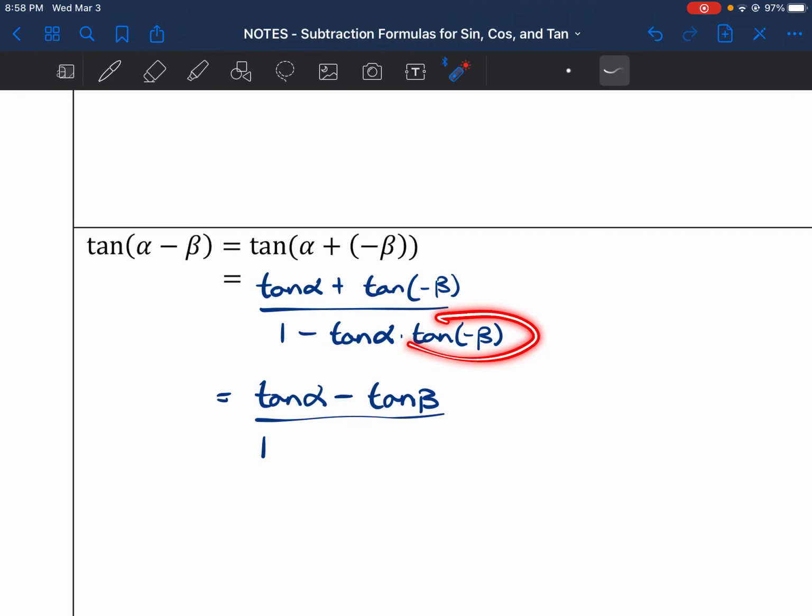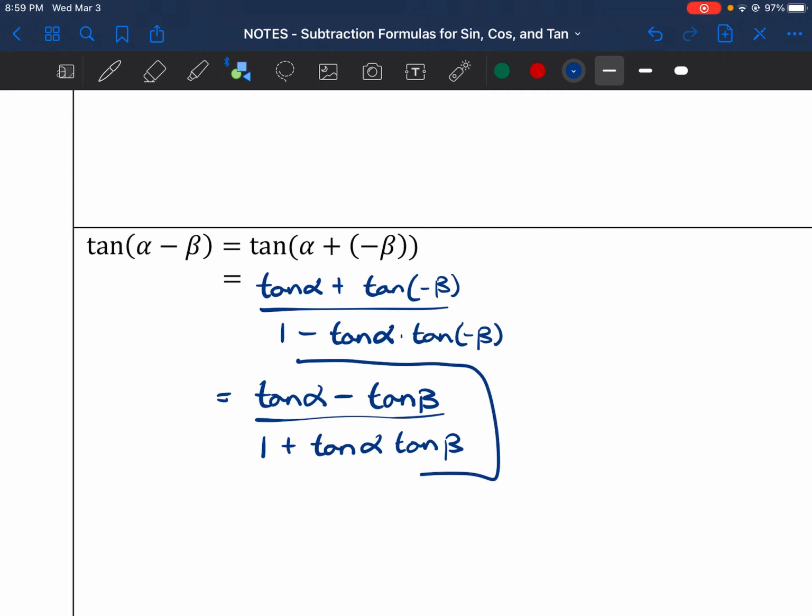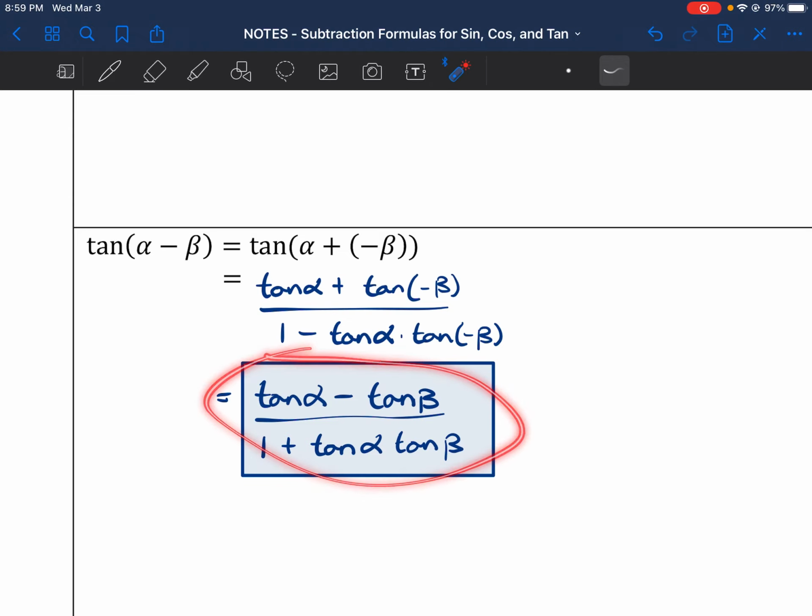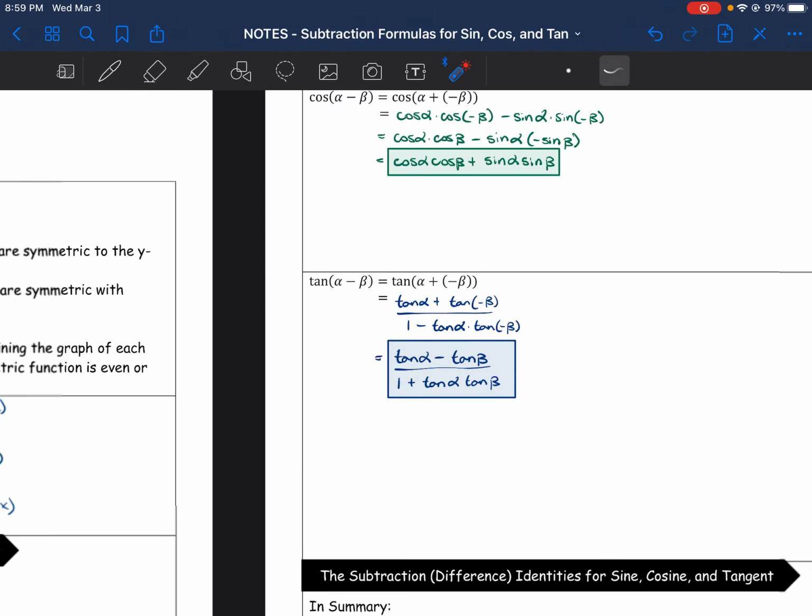Notice that tangent of negative beta is really negative tangent of beta. Well, negative tangent of beta times this negative is going to give us a plus sign. So this is really 1 plus tangent of alpha, tangent of beta. Okay, so tangent of alpha minus beta is equal to tangent of alpha minus tangent of beta divided by 1 plus tangent of alpha, tangent of beta.